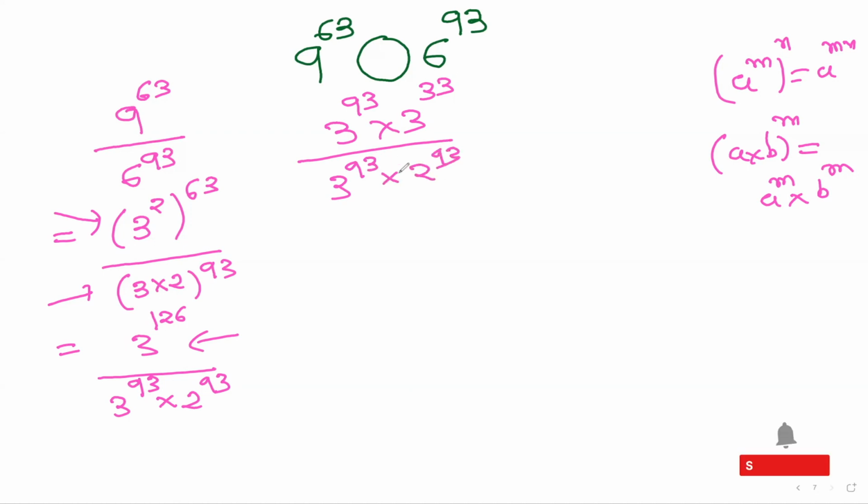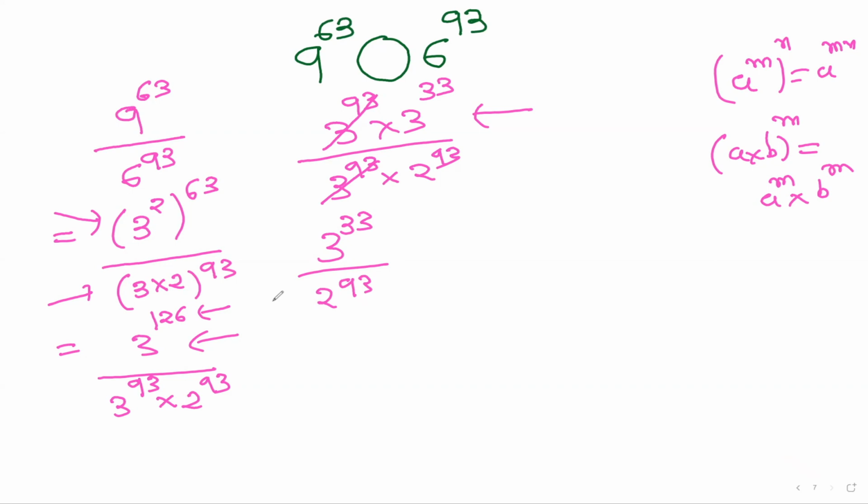So again, what did I do: 3 power 93 times 3 power 33. 93 plus 33 is 126. So that's the same. And the reason why we did that is because we can cancel out 3 power 93 and 3 power 93. So now what we are left with is 3 power 33 over 2 power 93.